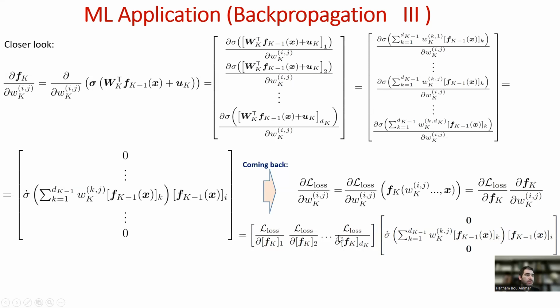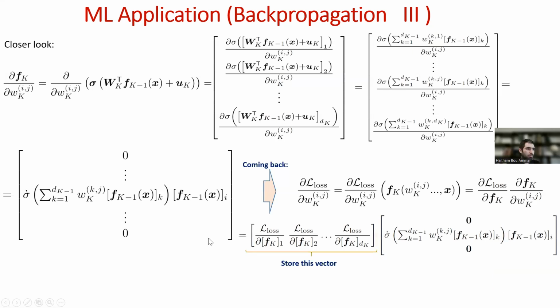This is multiplied by the corresponding derivative of the output of the kth layer with respect to the ij entry of the weight matrix. Now we're going to store this vector in our memory.